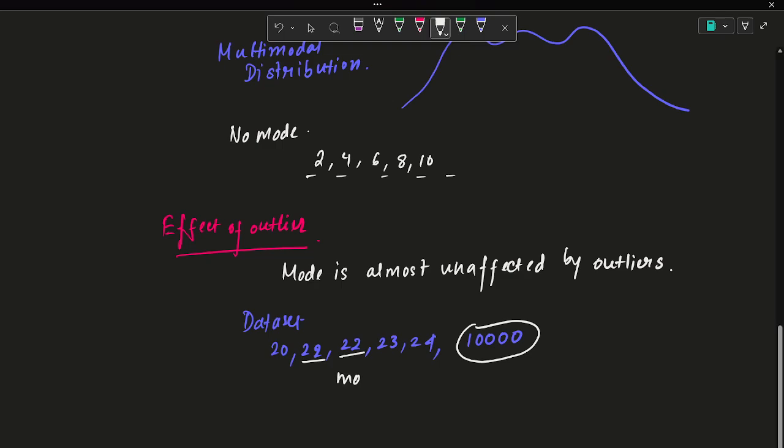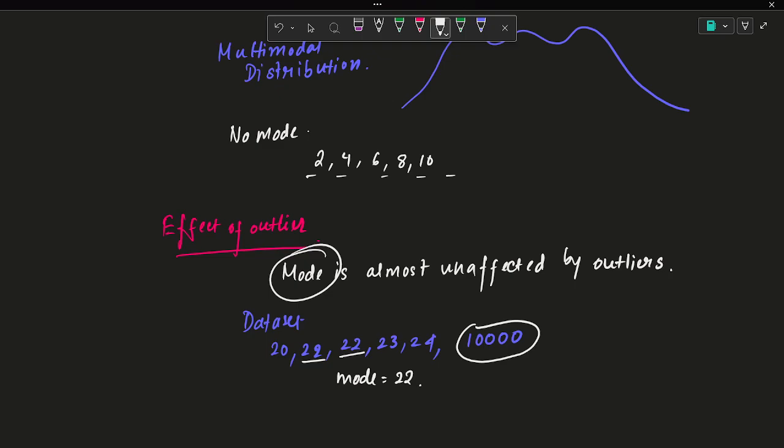So here the mode will be 22 irrespective of the presence of the outlier 10,000. So even if outliers are present, they are not going to affect the mode. So mode is a central tendency which is very robust to outliers.